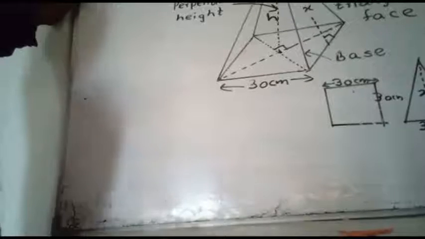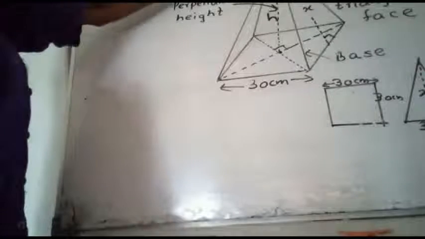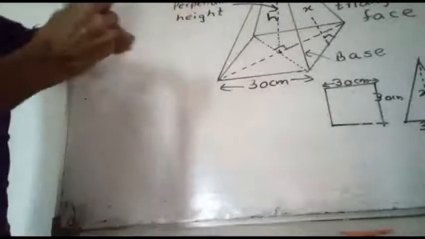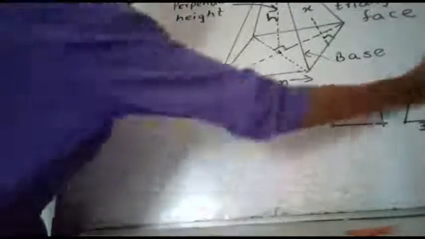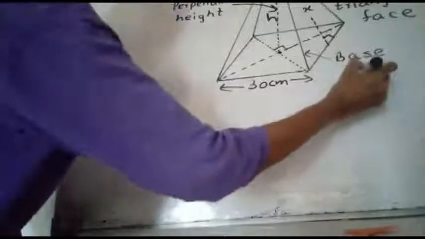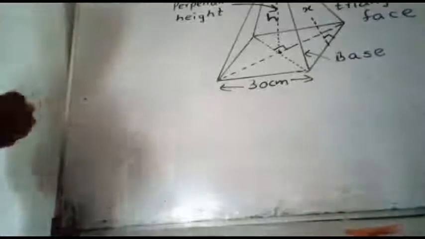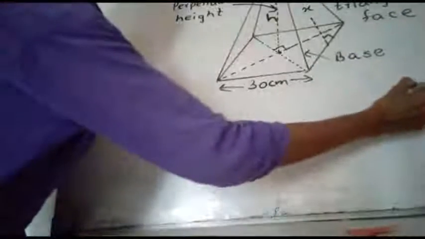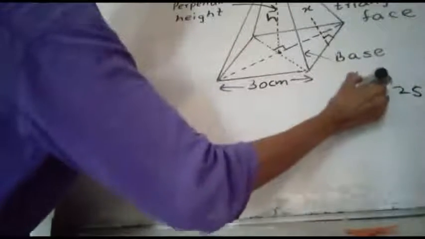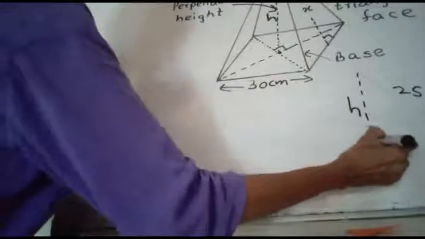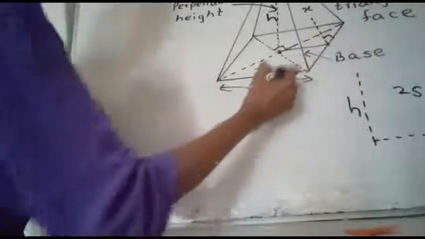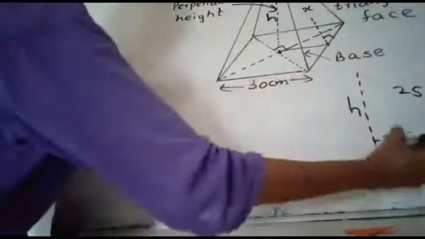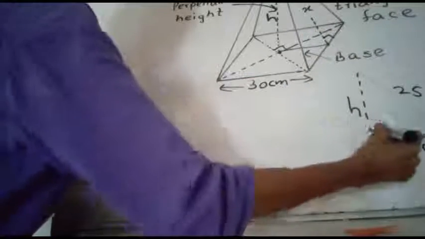Yes. Find the perpendicular height. Now, x is equal to 25 centimeters and this is the perpendicular height, and this length is equal to half of 30, which is 15 centimeters.